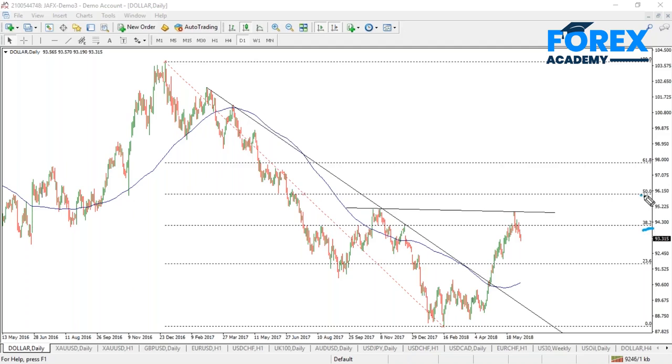If we look at an updated chart of the dollar index, we can see that the market did move higher and has actually breached the 38.2% level. Does that mean that in time the market will move up towards the 50%? And if that is broken, does it mean that the market has a higher probability that it'll move up to the 61.8% level?